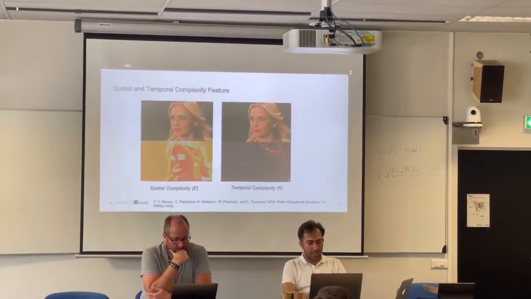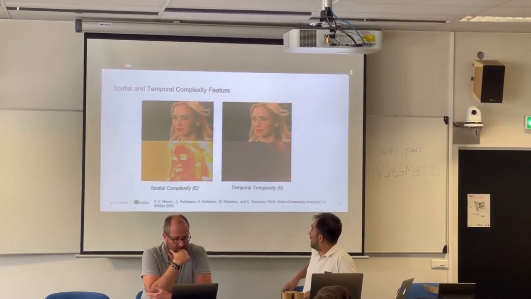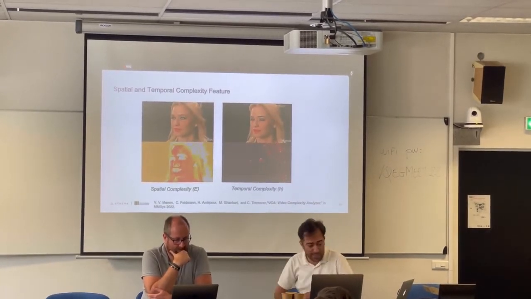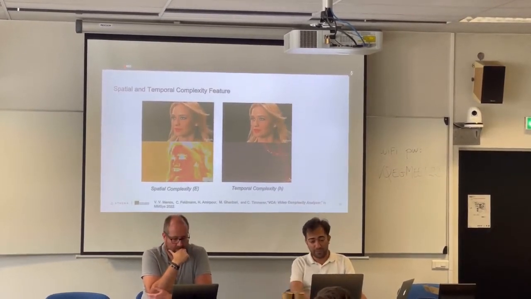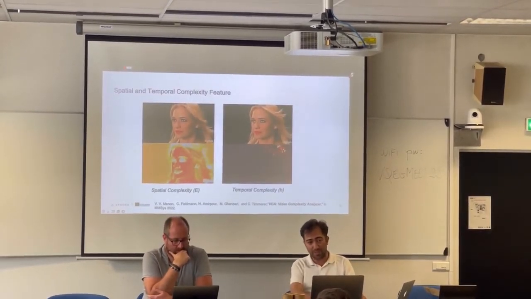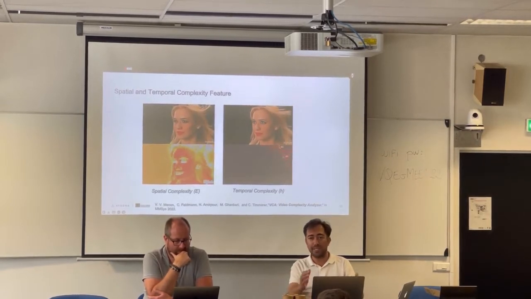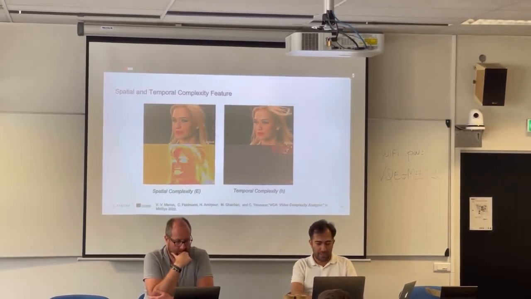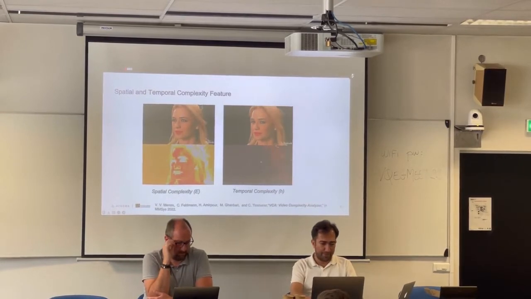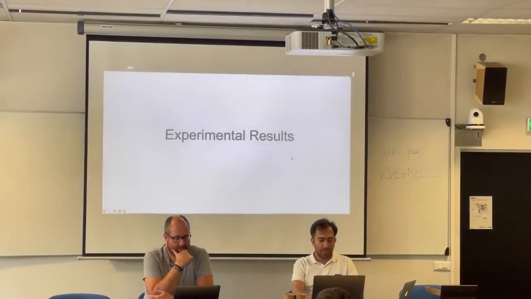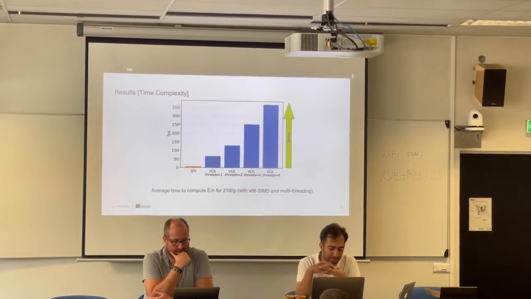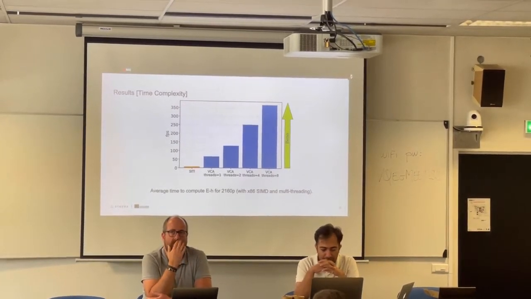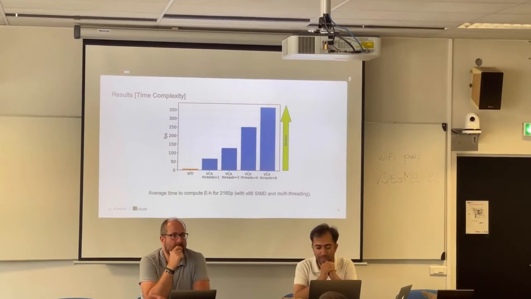On the left side, you can see the heat map for the spatial complexity, and on the right image you can see the heat map for the temporal complexity. For example, in this area where there is some hair movement, you can easily see that we have some temporal activity here.